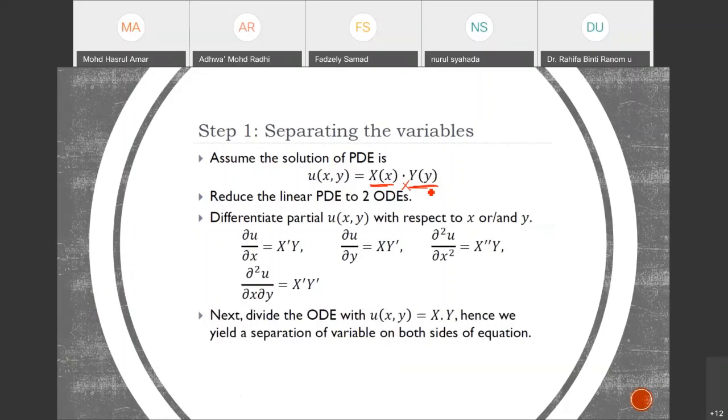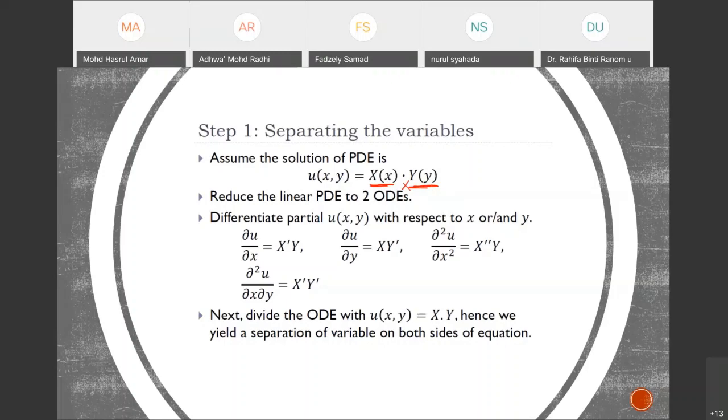Then reduce the linear PDE to two ordinary differential equations. Once we have made this assumption that u(x,y) equals X times Y, this becomes two separate functions, right? X is a function of x only, Y is a function of y only.